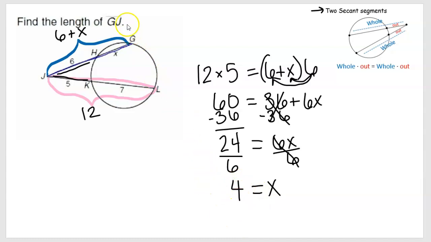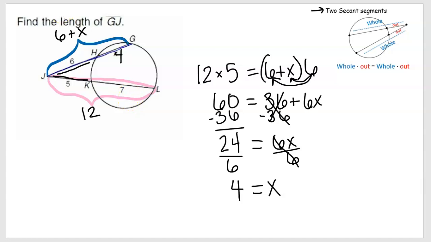Now this question here wants us to find the length of GJ. Now be careful though, because the part 2 question, I don't exactly remember, I don't know if it wants you to just solve for X or if it wants you to solve for a full piece. But be careful here, because what we've done is we have solved for this GH, which is 4.